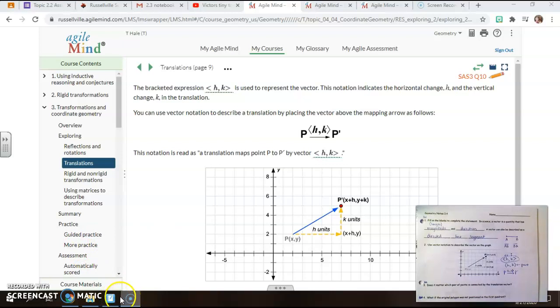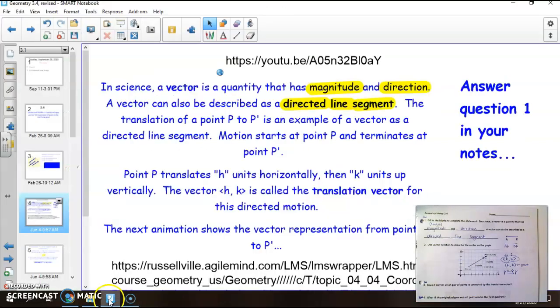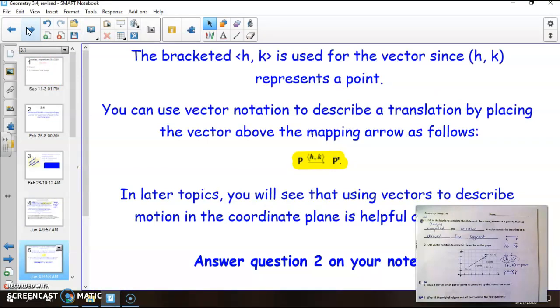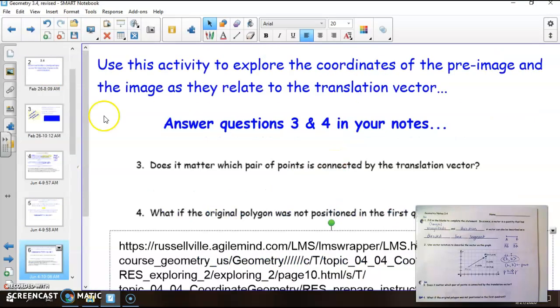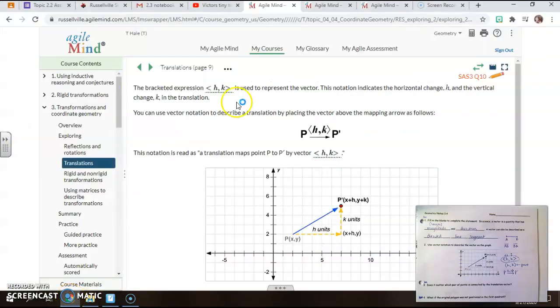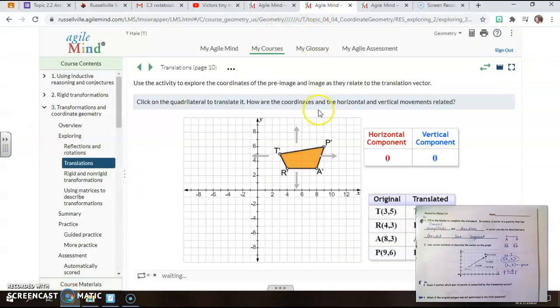Now, number 3 on your notes says, does it matter which pair of points is connected by the translation vector? And yes, it does, because that will tell us the sign that we want to use in our angle bracket. So let's look at this activity here. This animation will help us see that. So I have this quadrilateral, PART. If I translate this quadrilateral here, you can see that horizontally I went to the left.